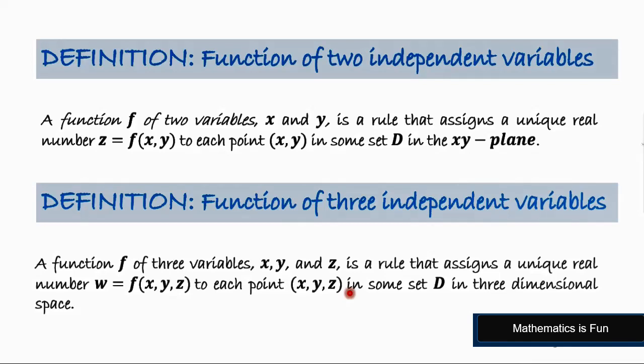So the functions with two independent variables are 3D surfaces, and functions with three independent variables are 4D surfaces. So basically 4D surfaces are solid surfaces and 3D surfaces are hollow surfaces. Now let's take a look at some 3D and 4D surfaces.